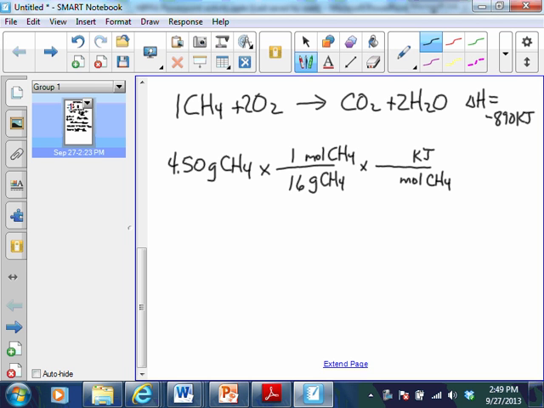It tells us for every 1 mole of CH4, we release 890 kilojoules of heat. So you put negative 890 here. Everybody okay with that step? It's just kind of an extra step. It's weird putting that in your stoichiometry, but that's really what the delta H is showing you, okay? So then once you calculate that, it's going to give you negative 250 kilojoules.